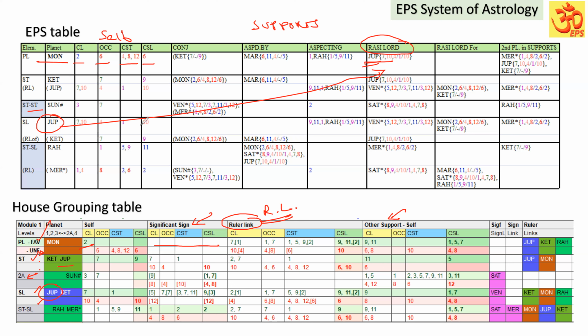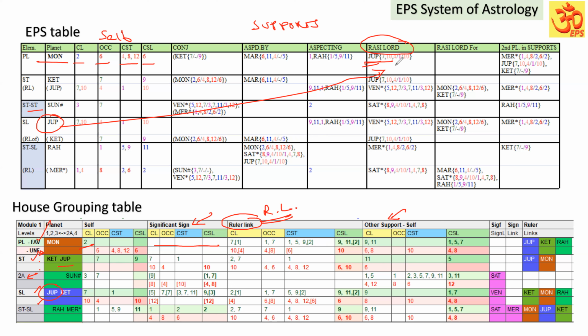One of the rulers is also acting as a support to the particular planet; that is called a ruler link in general. Ruler link means the support planet's impact will be significantly present. It is like a significant sign lord, but since a significant sign lord is not there, if that planet is acting as a ruler link, those houses will be shown here.